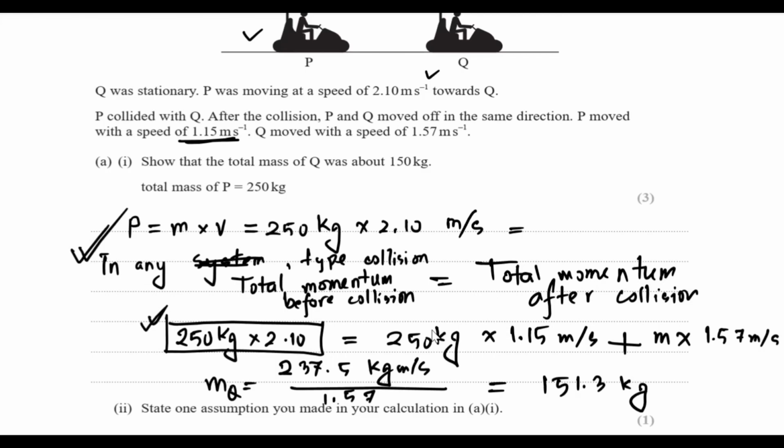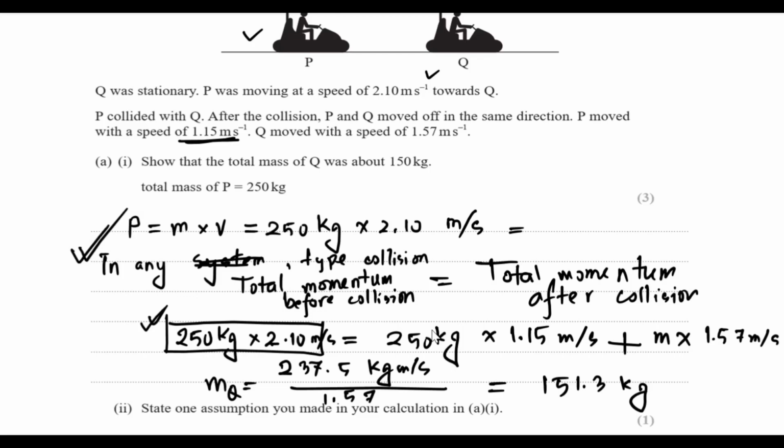So total momentum before is 250 kg into 2.10 meter per second. On the other hand, after collision, bumper car P is 250 kg and moves with a final velocity 1.15 meter per second.